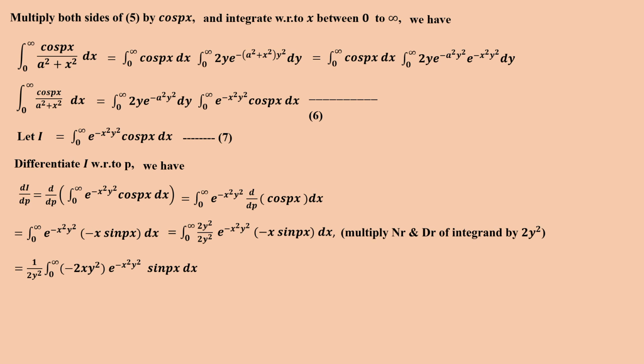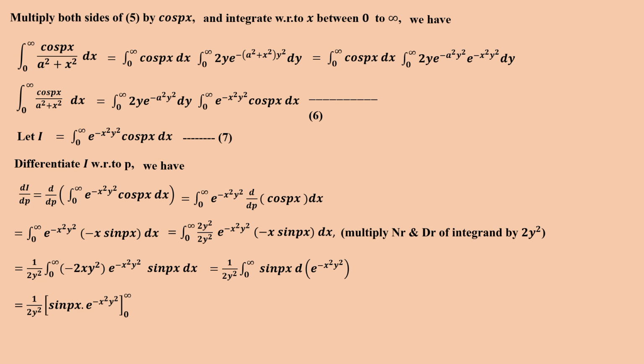For that concern, we are doing it like this. Minus 2x y square e power minus x square y square sine px dx, which is equal to 1 by 2y square, the integral from 0 to infinity of sine px. The remaining term is nothing but the derivative of e power minus x square y square.